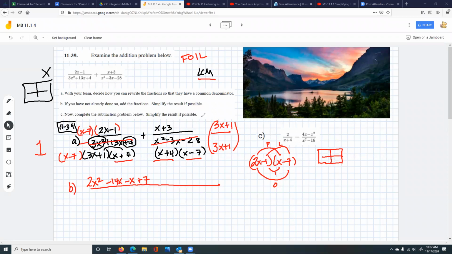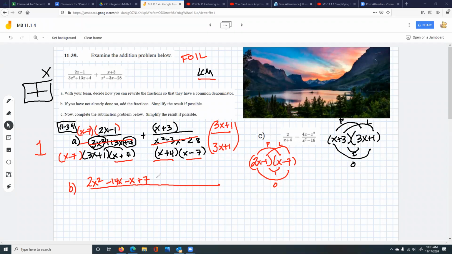Now I need to do this times this. Same thing, but over here. So I need to do the x plus 3 times the 3x plus 1. Same type of deal. First, outer, inner, last. Let me erase this box here. It's kind of in my way. So x times 3x is my first multiplication.